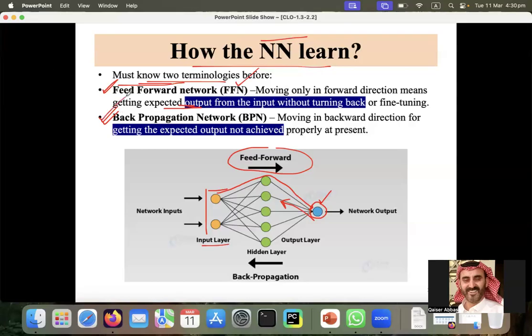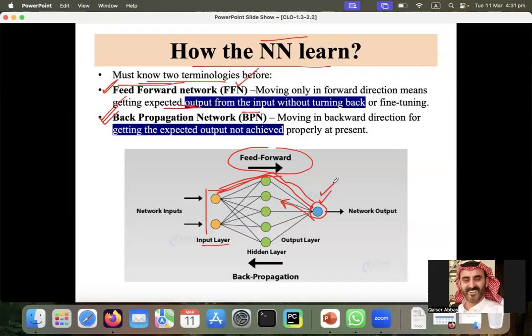And back propagation. Now come to the second point, the back propagation network, BPN. Now your model may be feed forward or whatever neural network it is, and it is executed and you got the output.